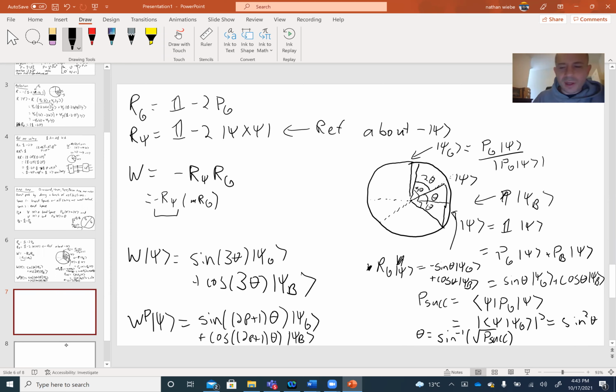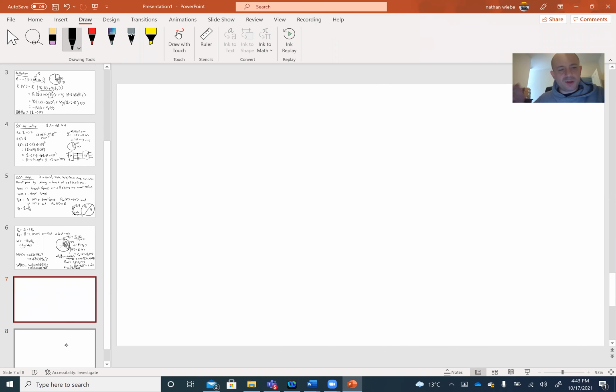Now, let me give you an algebraic argument to justify this. You saw that these two reflections will keep us in this two-dimensional space spanned by RG and RB, or psi b and psi g. So we can just build this up as a two-dimensional matrix inside this space.